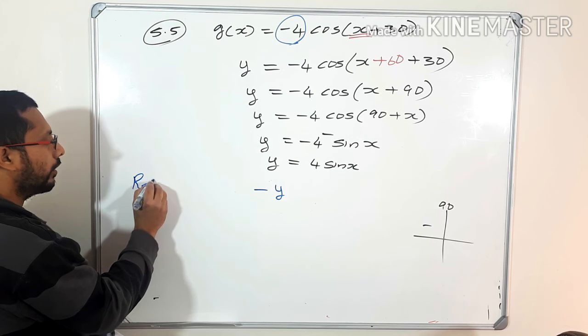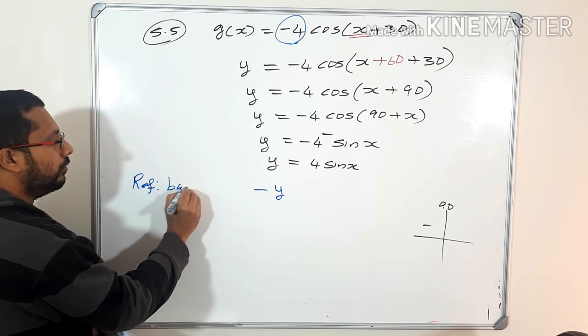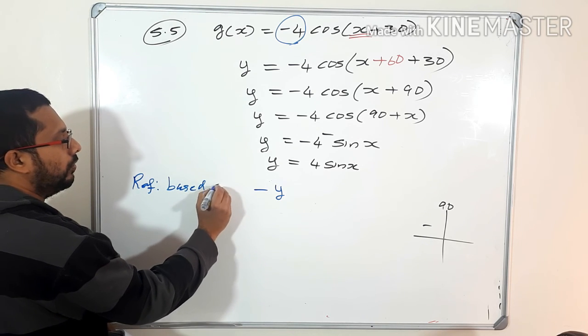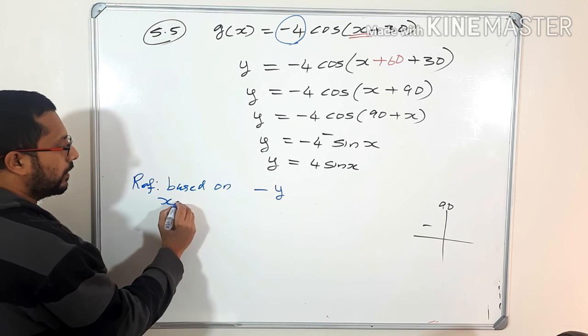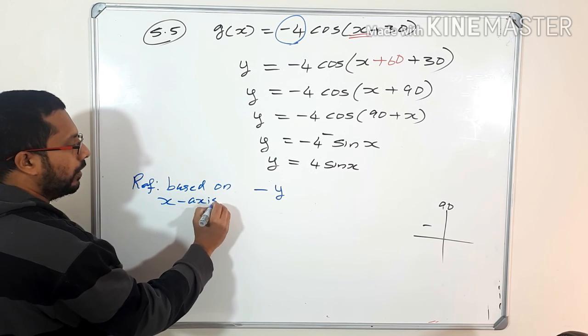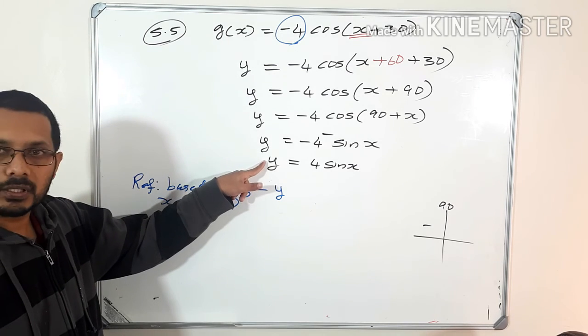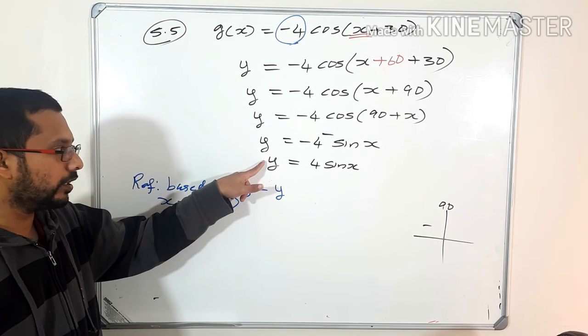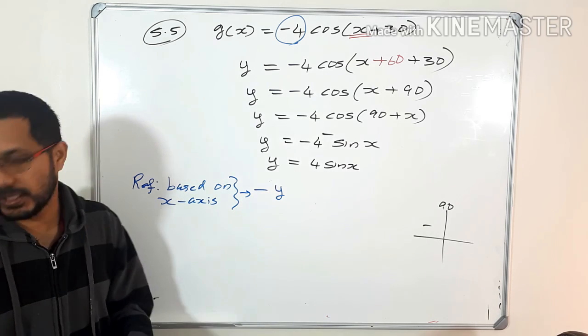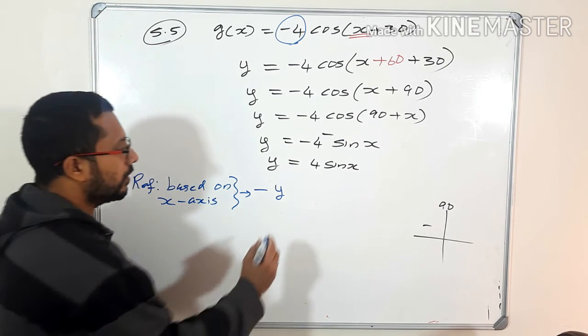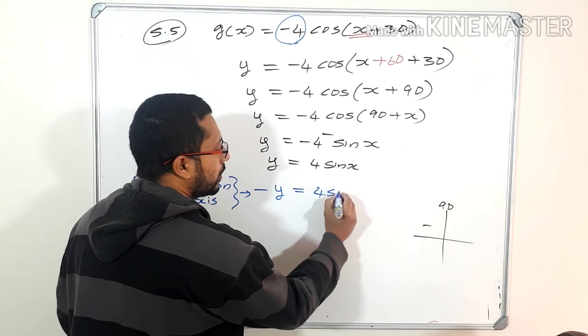Because here the reflection is based on x-axis. Reflection based on x-axis means that the sign of y changes. That means here it is positive y, here it is minus y. So minus y is equal to 4 sine x.